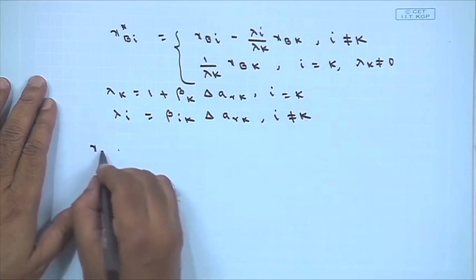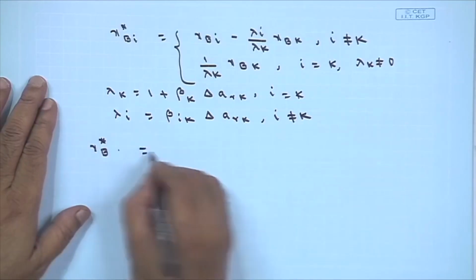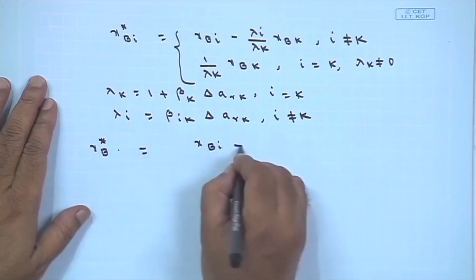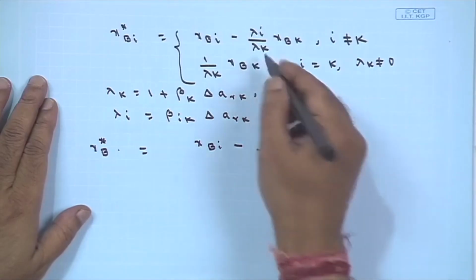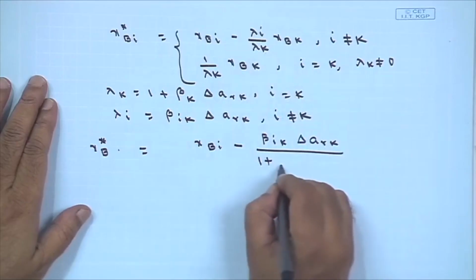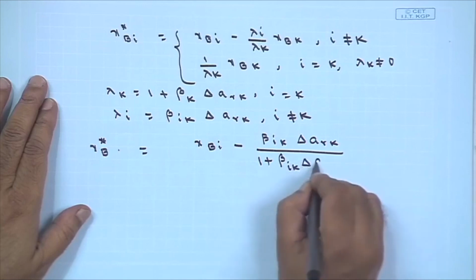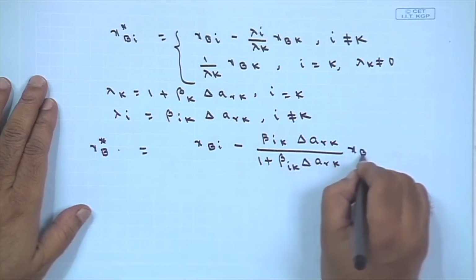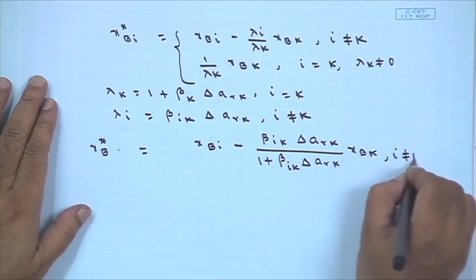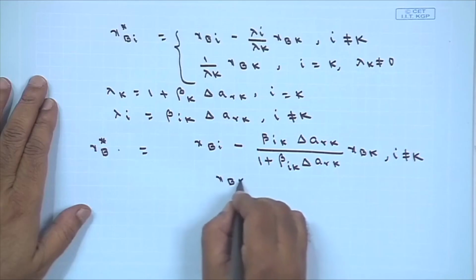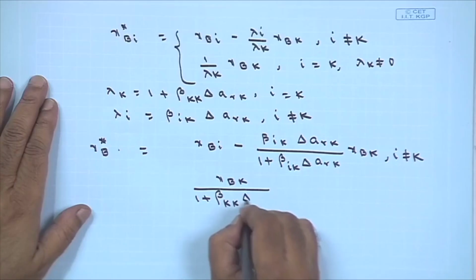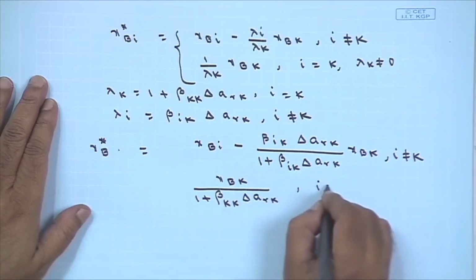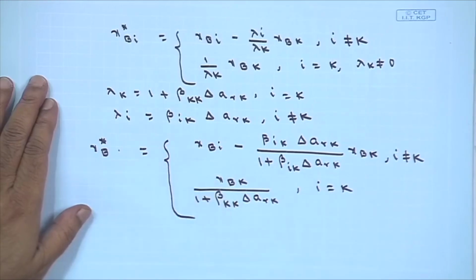So, you can write down your x_B_i star equals x_B_i minus beta_ik delta a_rk, from this calculation, divided by 1 plus beta_kk delta a_rk into x_B_k, for i not equal to k, and it will be x_B_k divided by 1 plus beta_kk delta a_rk when i equals k. So, I obtained this thing.